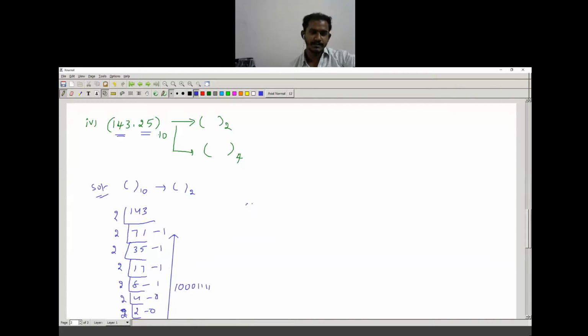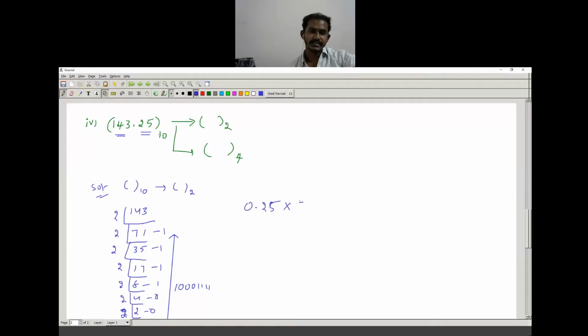0.25 is the given fraction part. To get the fraction part, we need to do successive multiplication with the required base, and the required base is 2.